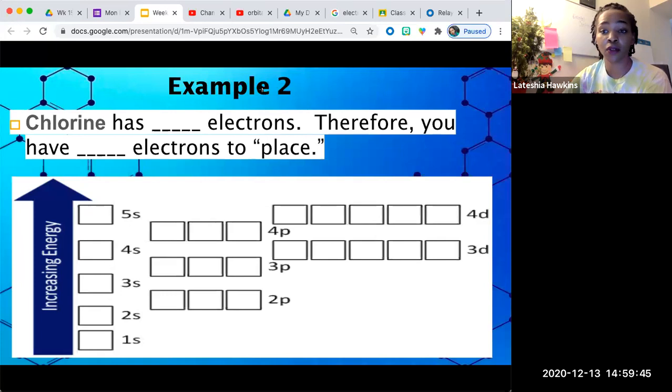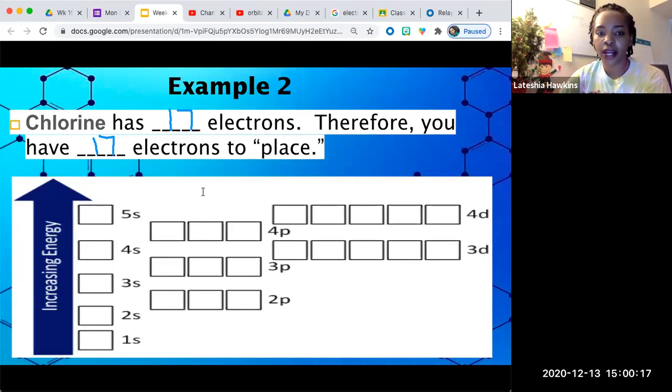That tells you the number of electrons. I'm going to wait about 3 seconds for you to locate the atomic number of chlorine and tell me how many electrons there are. All right, the atomic number is 17. Therefore, we have 17 electrons, so 17 arrows to place.